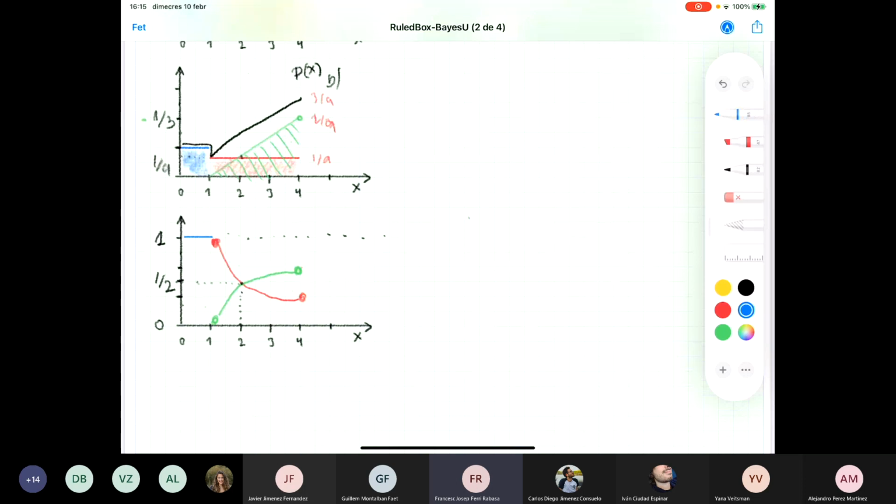Decide class 1 between 0 and 1, decide class 2 between 1 and 2, and decide class 3 between 2 and 4. What happens exactly at 1?